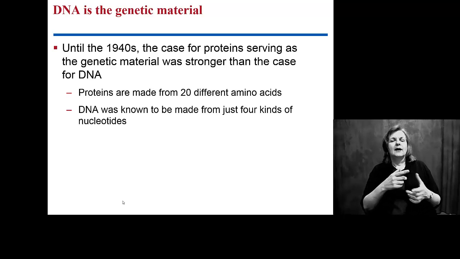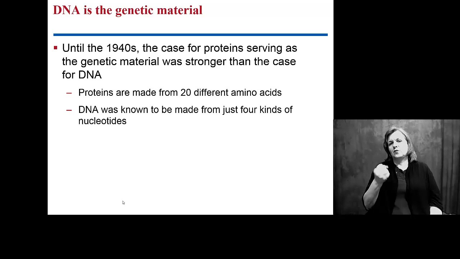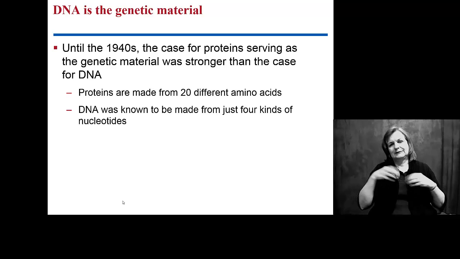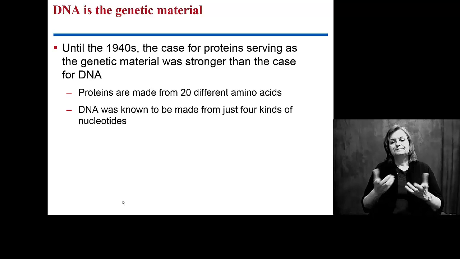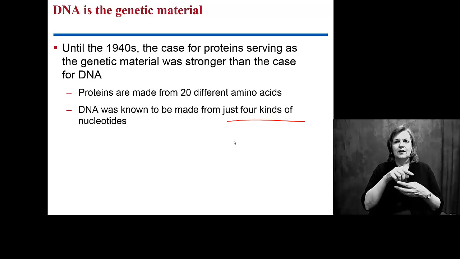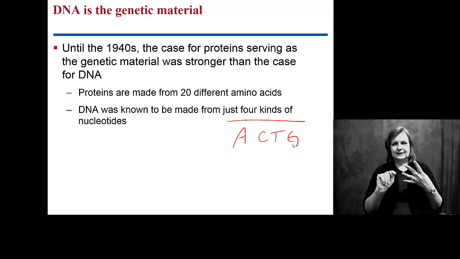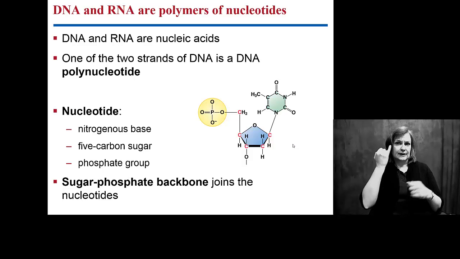So it wasn't until the 1940s that DNA as the genetic material or the instruction book was a much more common theme. Today we wouldn't question it, but the idea that everything about you is coded in 4 single nucleotides of A, C, T, and G is something pretty amazing.